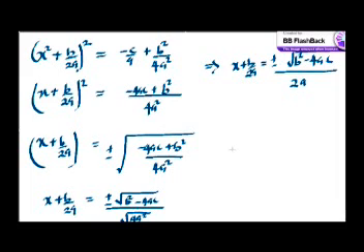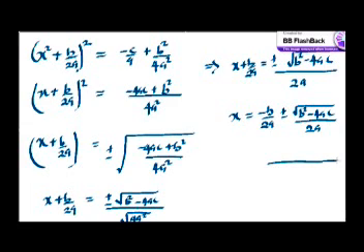Now if I take this across the equal sign, I'll have x is equal to minus b over 2a plus or minus the square root of b² minus 4ac over 2a. So I'll take a common base here, which is 2a. It now becomes minus b plus or minus the square root of b² minus 4ac.